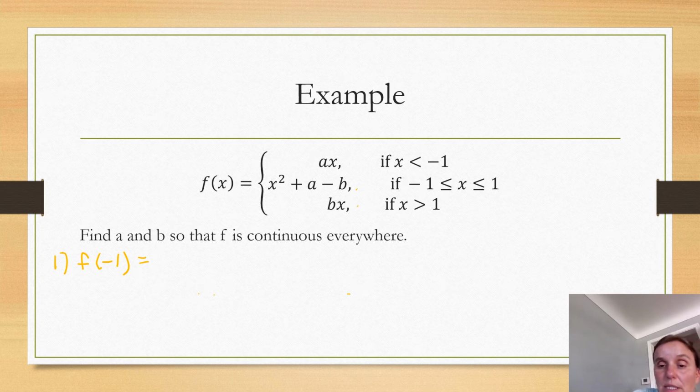Okay, so if I look at f of negative 1, that would use the middle part of the definition. So negative 1 squared is 1 plus a minus b.